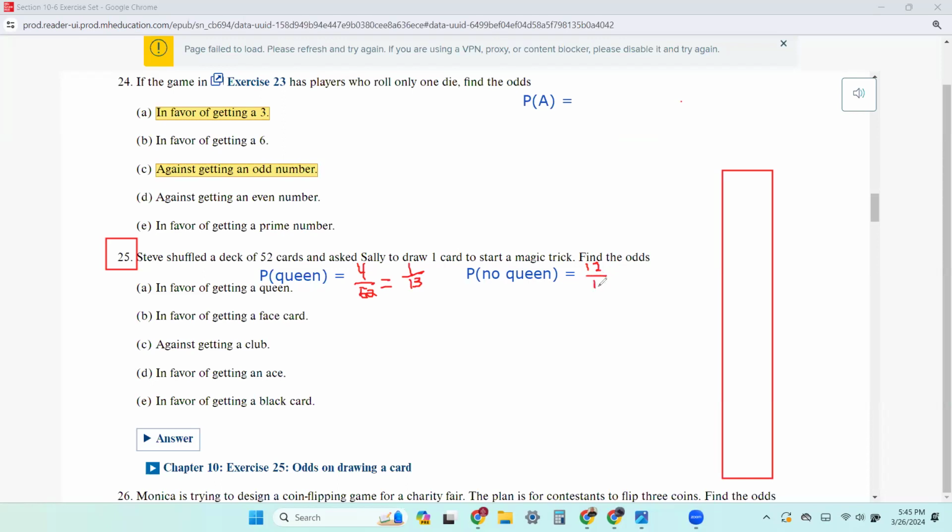Keep that same denominator. So we got those numerators now. A is equal to 1. B is equal to 12. See where I'm getting those from? It's the numerators of the probability of a queen and the probability of no queen.